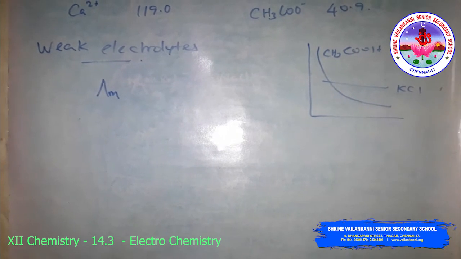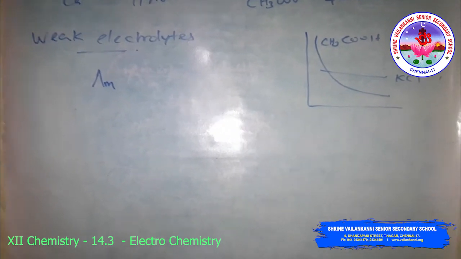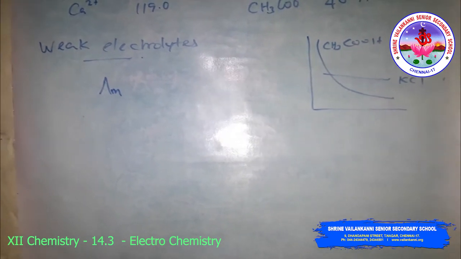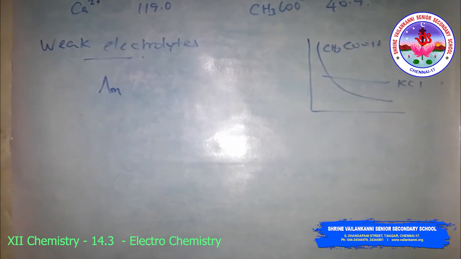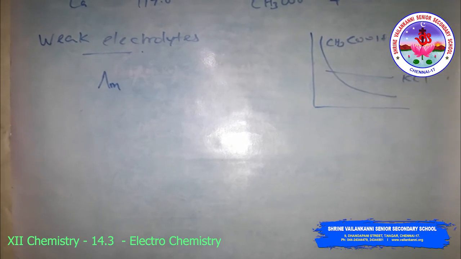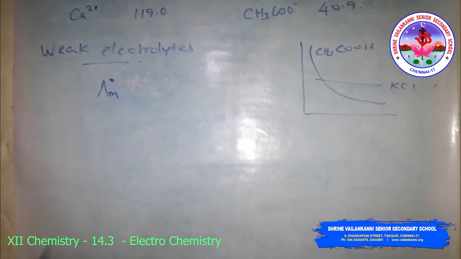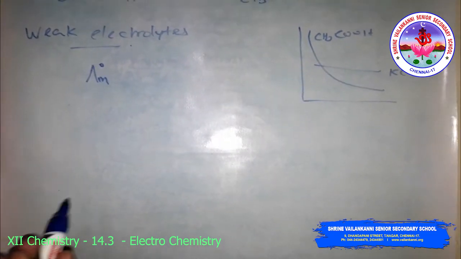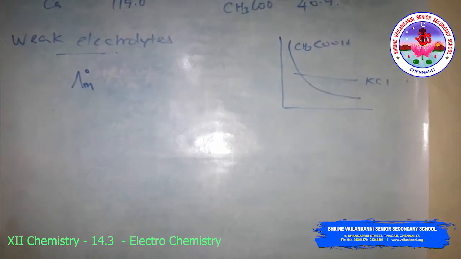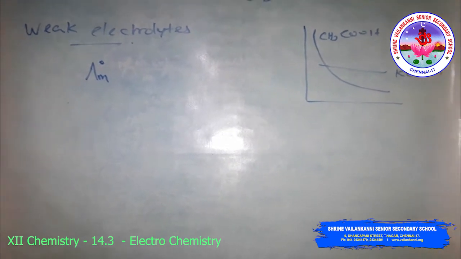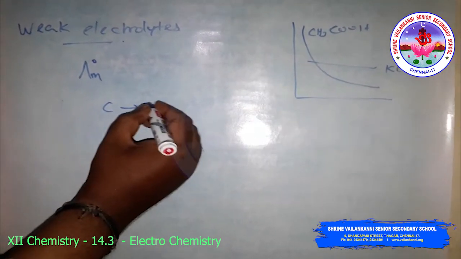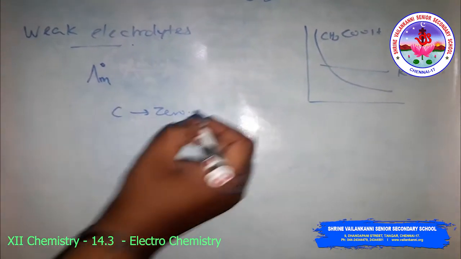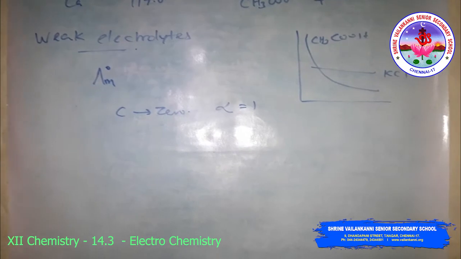Especially near the lower concentration, the limiting molar conductivity cannot be obtained by extrapolation of the molar conductivity to zero concentration, that is at infinite dilution, where the concentration approaches zero. There the electrolyte dissociates completely, that means alpha is equal to 1.